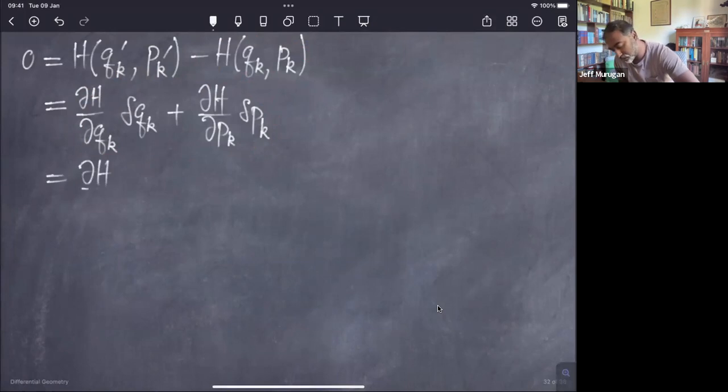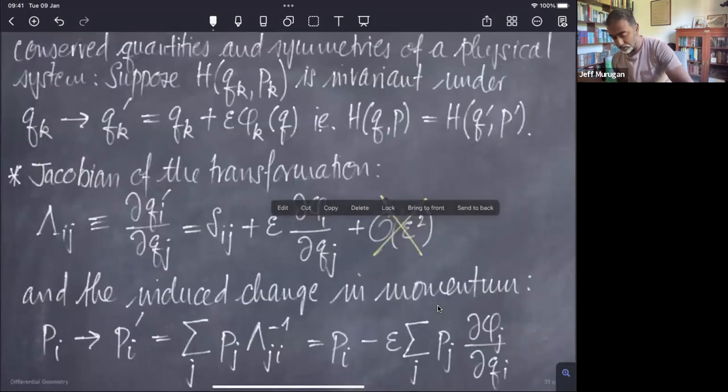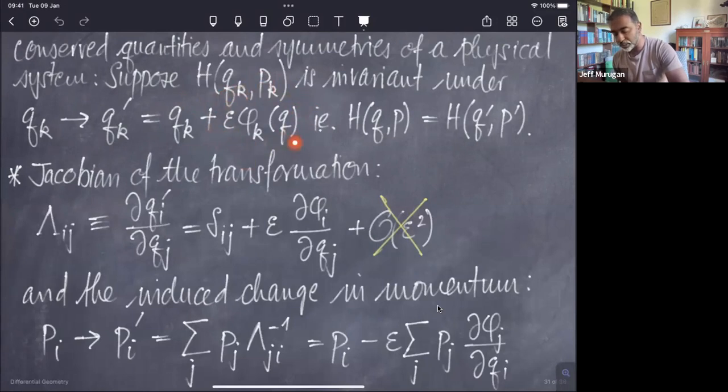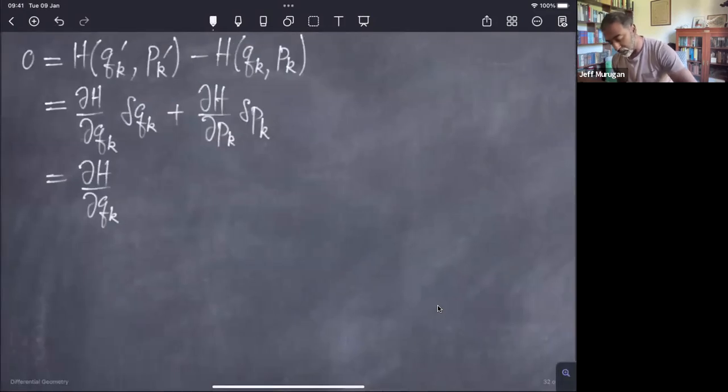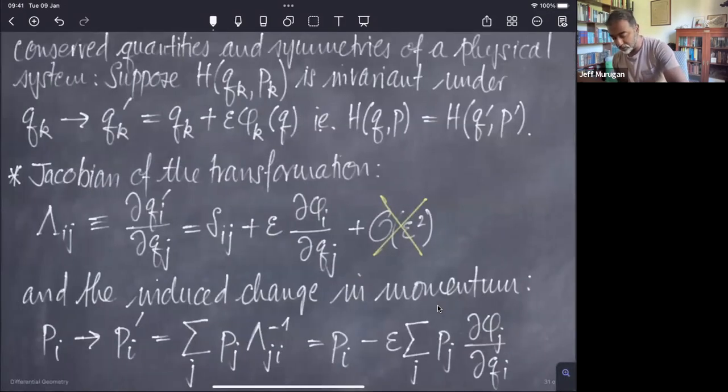This is dH by dqk delta qk. The change in qk is precisely what we were calling epsilon phi k. That's qk plus the change in qk, the infinitesimal change. I've just coded the infinitesimal change like this. So this is epsilon phi k minus dH by dpk. And the infinitesimal change in the momentum is this stuff here.